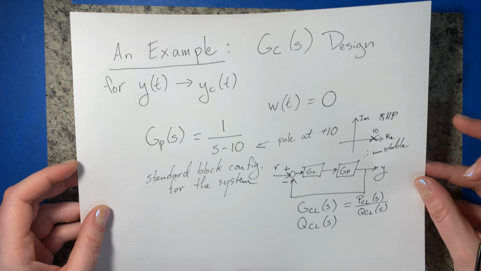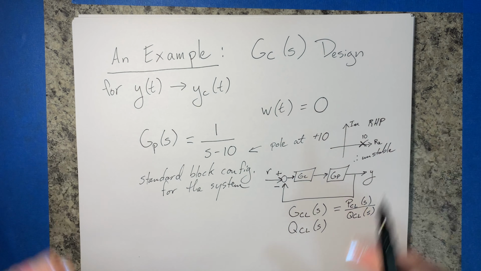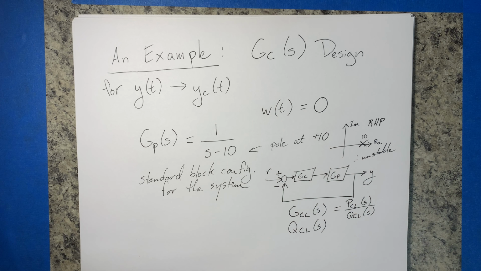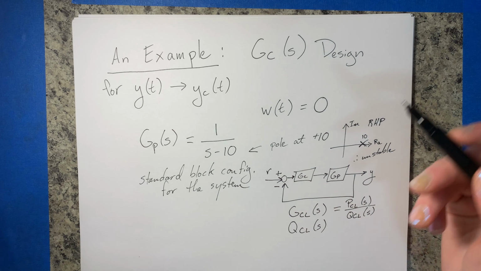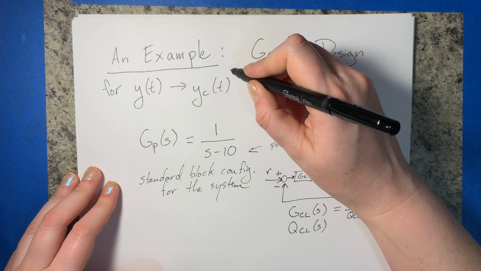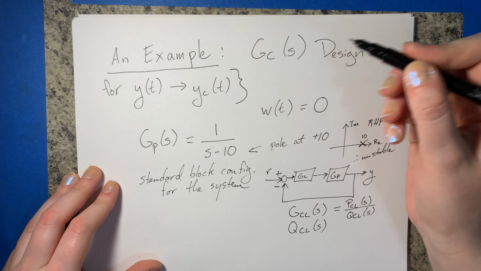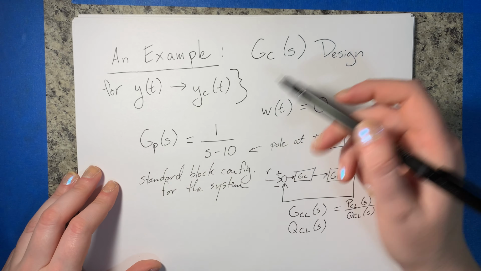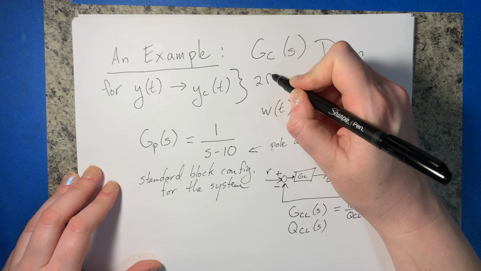First, before we get started, let's look at how many free s's we are going to need, or if we need any. We have adhered to the design rule that if you are designing to track a command signal, you're going to need 2 free s's.